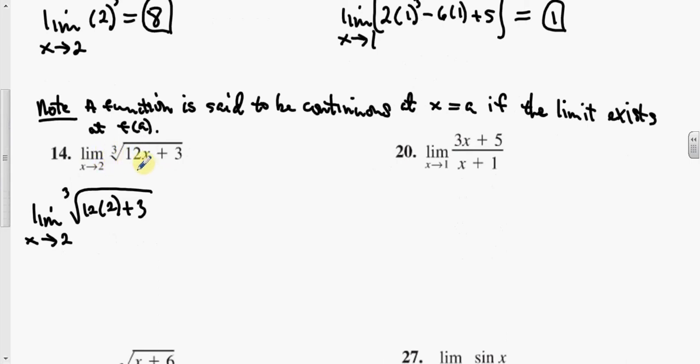X approaches 2, but we notice that when x is equal to 2, we get something that is defined. So we have the limit as x approaches 2. We get the cube root of 27, and that's just 3.